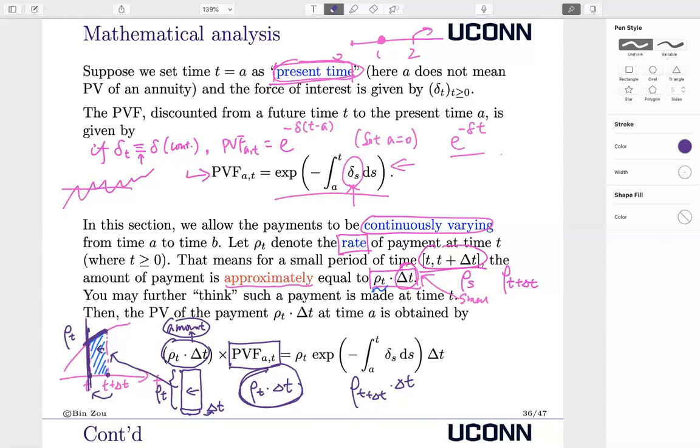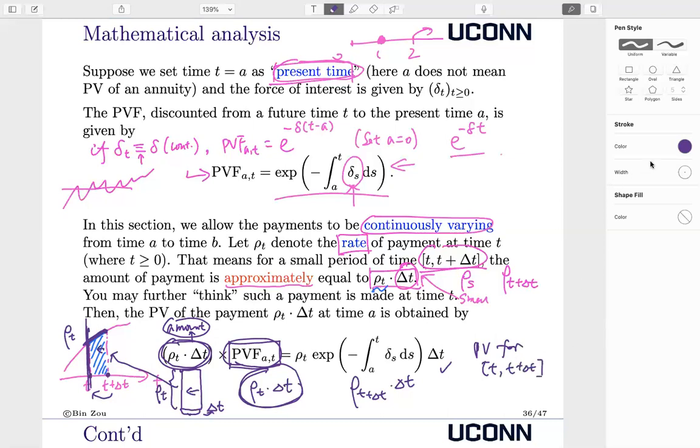It is paid between t and t plus delta t. But since delta t is very, very small, I can think of this continuous payment as a single point with this amount, and then I discount back to a. So this is the present value, the PV for this tiny interval.